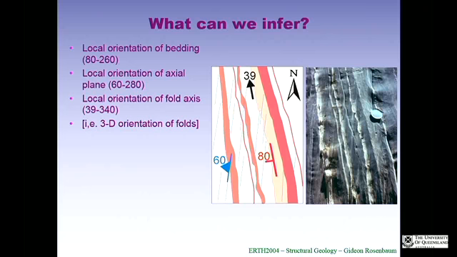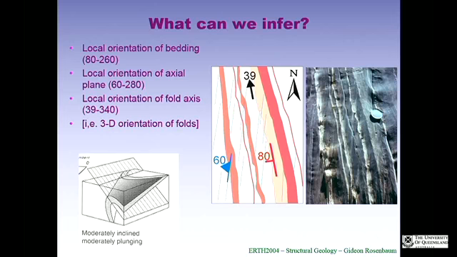So that will be the first part of the name. And the axial plane is dipping 60 degrees. So that's moderately or steeply inclined. I don't remember exactly where the boundary was. Okay, moderately inclined, moderately plunging. So not a very elegant name, but that's what we call these folds.